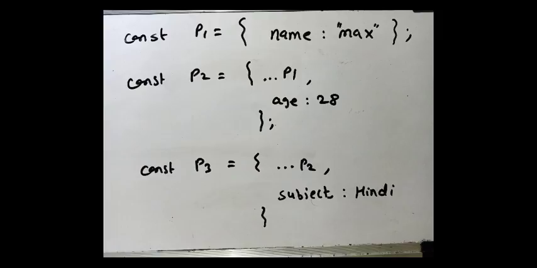So name colon max is a key value pair. If I want to use p1 as it is, then I will use ...p1 plus some other key values like age colon 28. I want a third variable const p3 and I want to use p2 in it, so I will use ...p2, comma, some other key value like subject colon Hindi. In this way I can use the spread operator or rest operator.